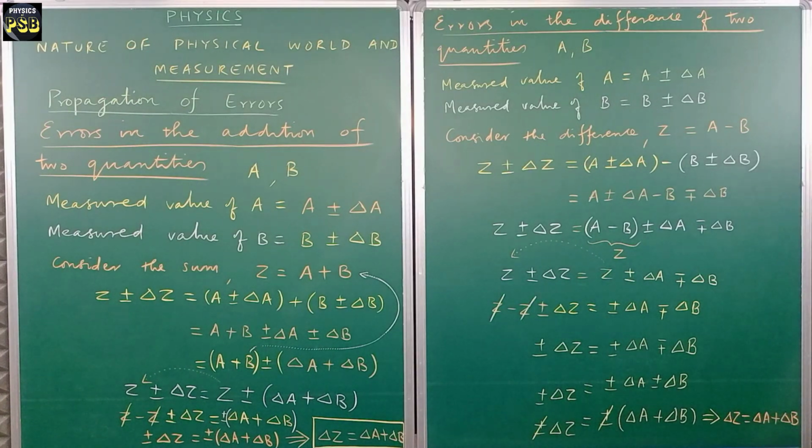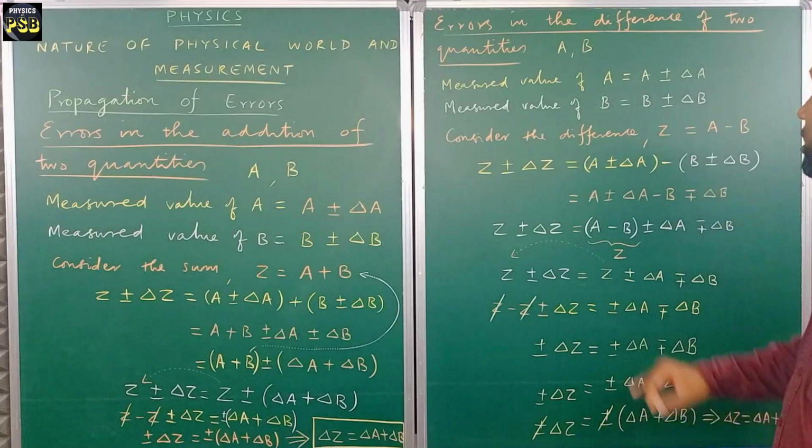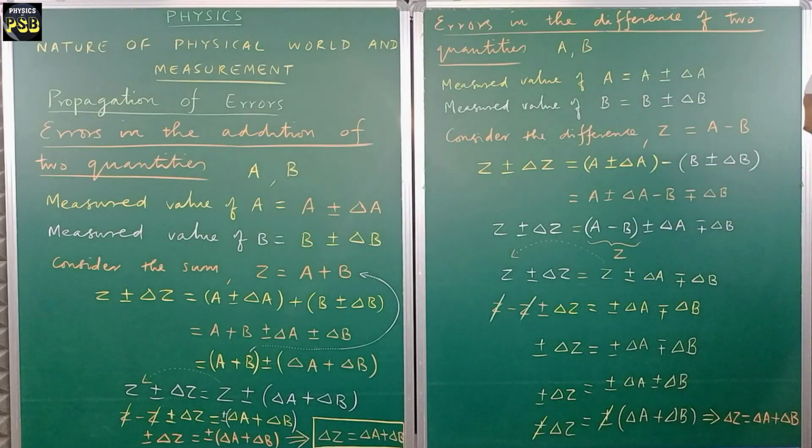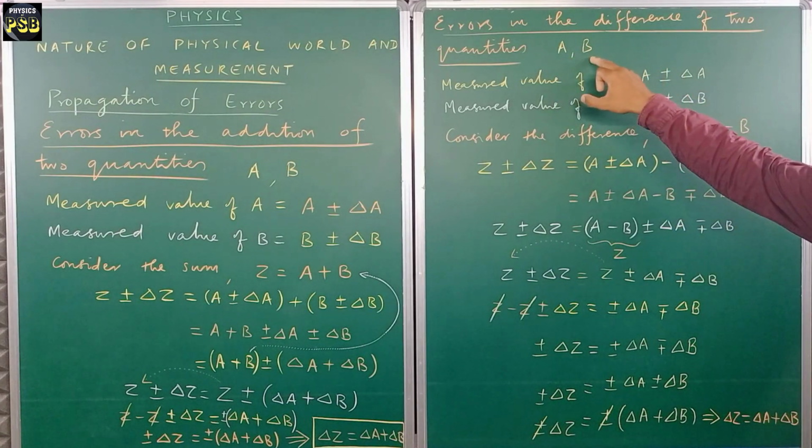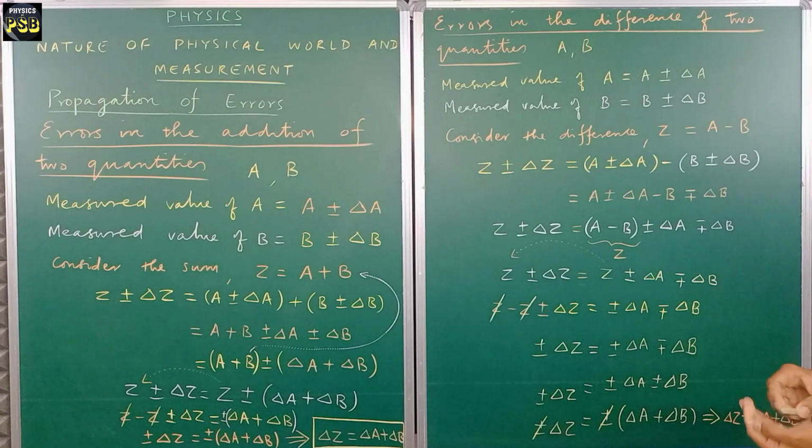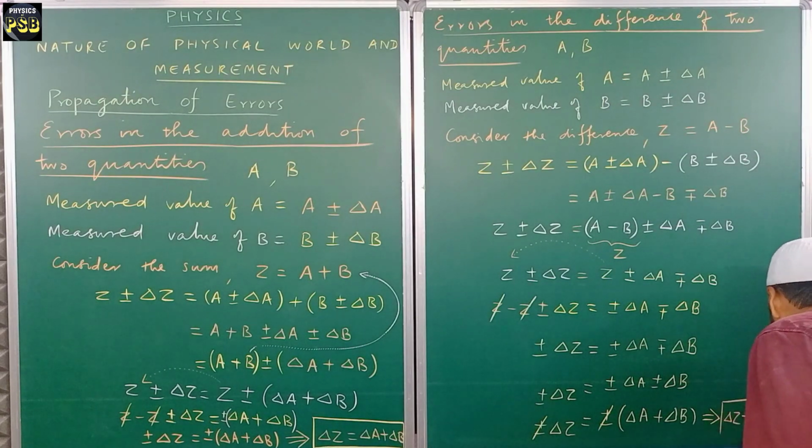This clearly shows that the maximum possible error in the measurement of the difference of two quantities is nothing but the absolute error in the difference of these two quantities, which is equal to the sum of absolute errors in the measurement of these individual quantities. Okay, this is what you understand from this final expression.